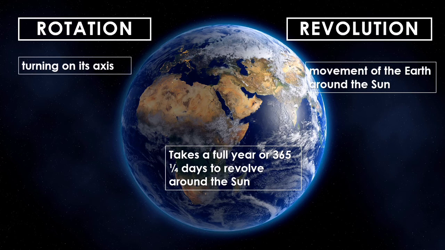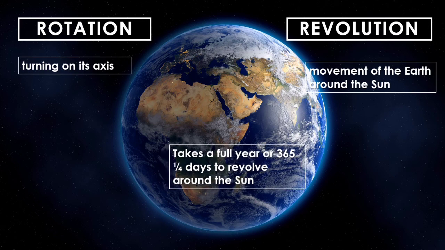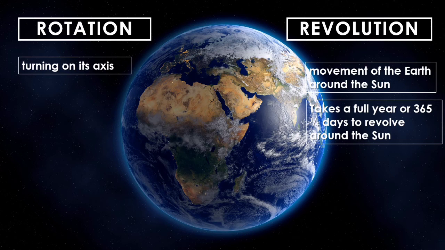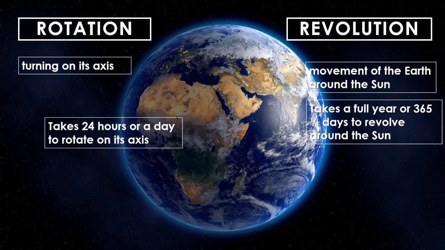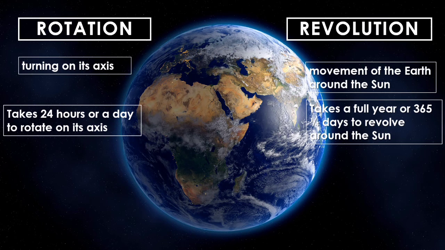Takes a full year or 365 and 1/4 days to revolve around the Sun, as described under the column of... Right, under revolution. Takes 24 hours or a day to rotate on its axis, as described under the column of... Yes, correct, under rotation.